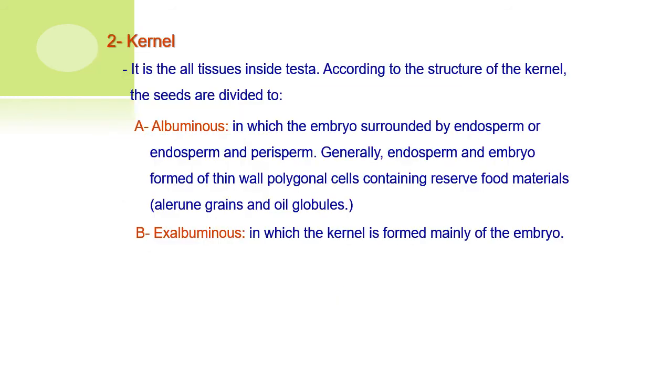Inside the testa or the seed coat, we have the kernel structure, which is formed of the endosperm and embryo. If we have endosperm, the seed is described as an albuminous seed, in which the embryo is surrounded by the endosperm or endosperm and perisperm.